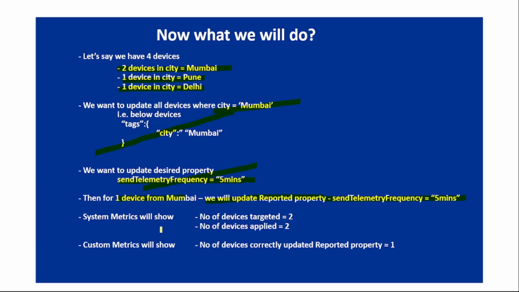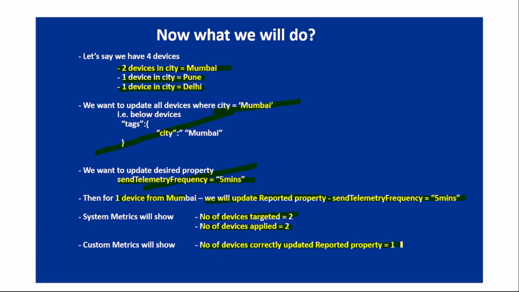As we can guess, system metrics will show the number of targeted devices as 2 and the number of devices to which the desired configuration was applied again 2, but custom metrics will show that the number of devices which correctly updated the reported property is 1 only.